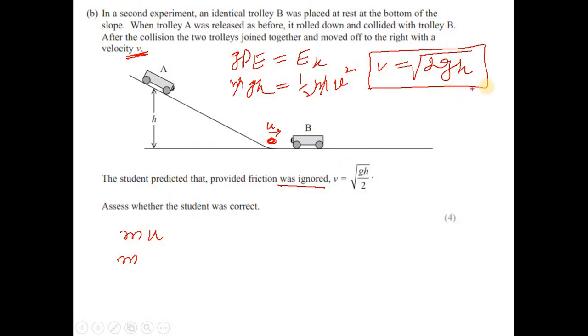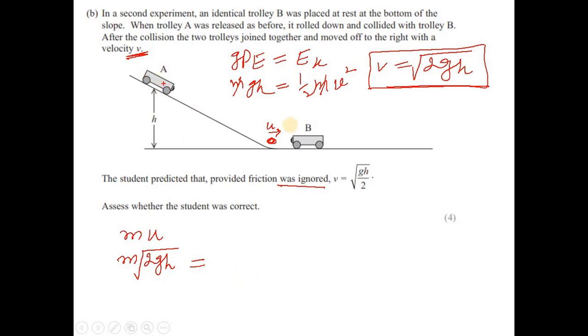As per this formula, velocity u is root 2gh. And we don't have a momentum of trolley B before collision, so this is equal to the momentum after collision.